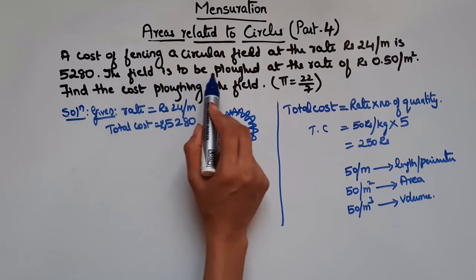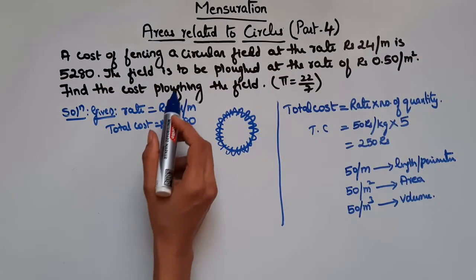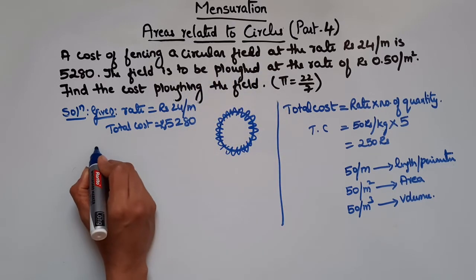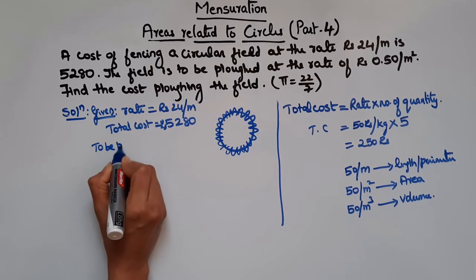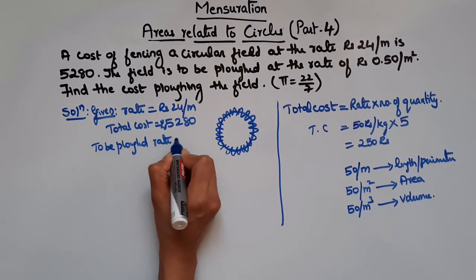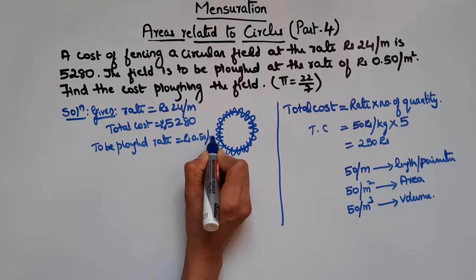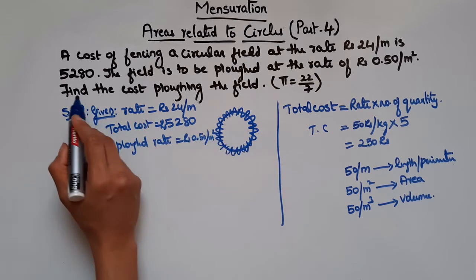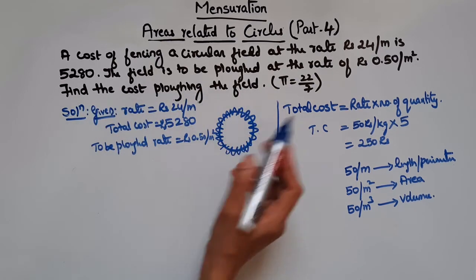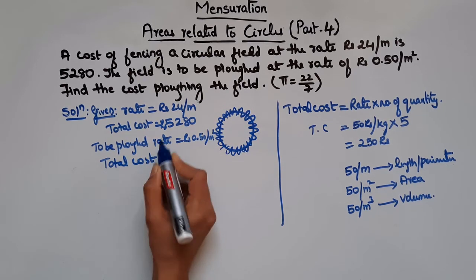The field is to be ploughed at a rate of rupees 0.50 per meter square. So here we have to find the cost of ploughing the field. So we have to find the total cost for ploughing the field.